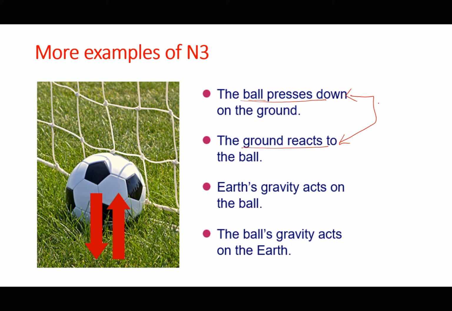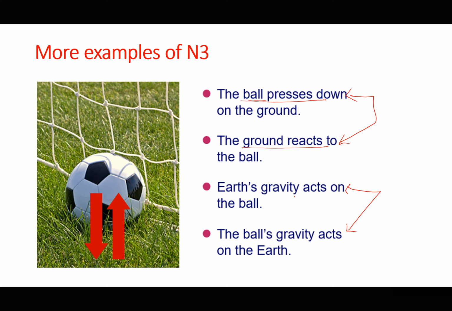But the ball has a weight. So the Earth's gravity acts on the ball, that is the weight of the ball. Then the ball's gravity also acts on the Earth. So these two forces also constitute a Newton's third law pair. So I can't combine the pressing force on the ground with the Earth's gravity on the ball.